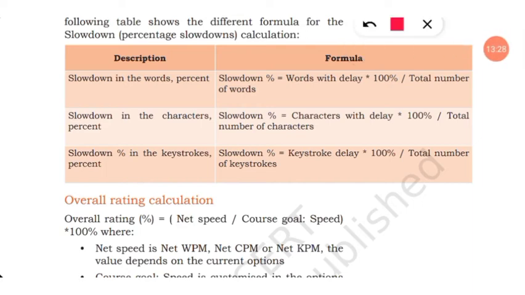So slowdown in words, for typing based on the word, is words with delay into 100 by total number of words. Then slowdown in characters is characters with delay into 100 by total number of characters. Then slowdown percentage in keystrokes is equal to keystroke delay into 100 by total number of keystrokes.